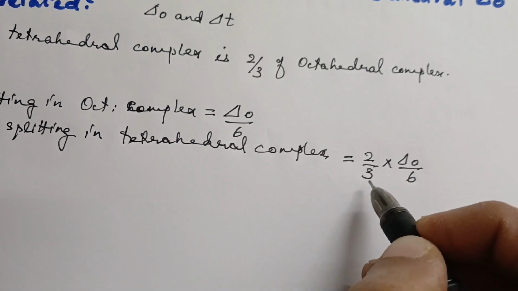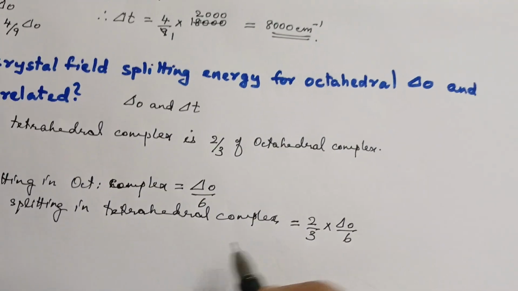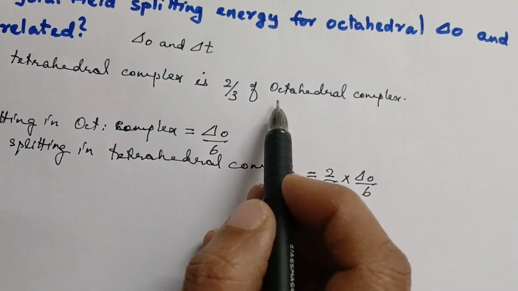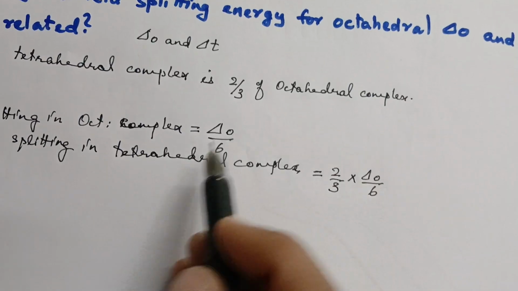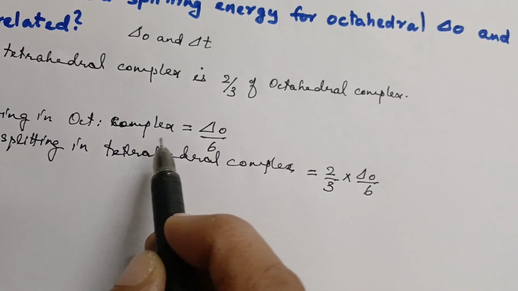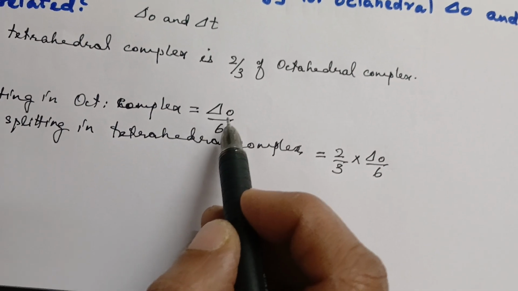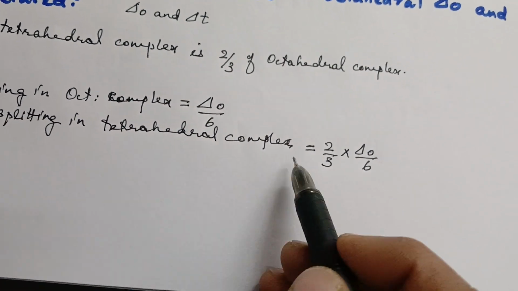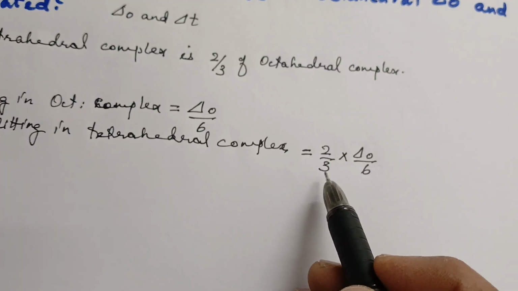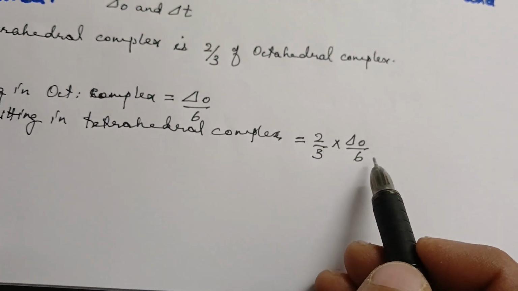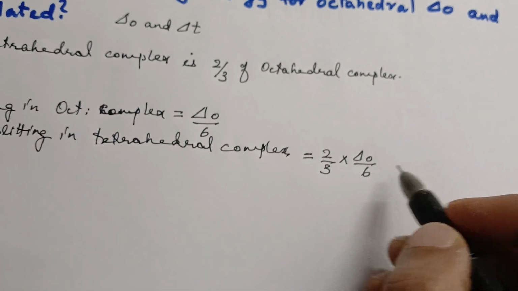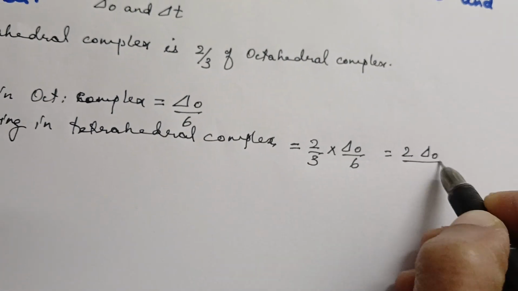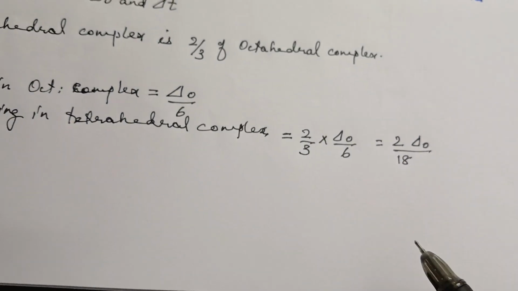We said that splitting in tetrahedral complex is 2/3 of octahedral complex. So for one ligand splitting in octahedral complex, it is delta O by 6. Therefore, for one ligand in a tetrahedral complex, it is 2 by 3 of delta O by 6, which is equal to 2 into delta O by 18.